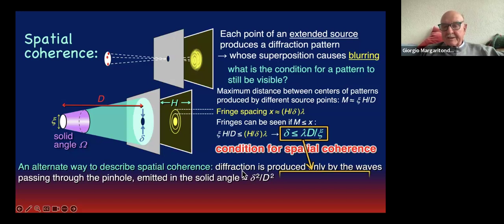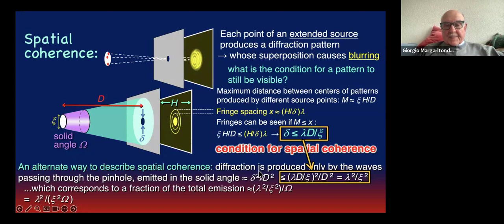And by putting together with this the condition for spatial coherence, you are getting this result, which corresponds to a fraction of the total emission equal to this and therefore to this.